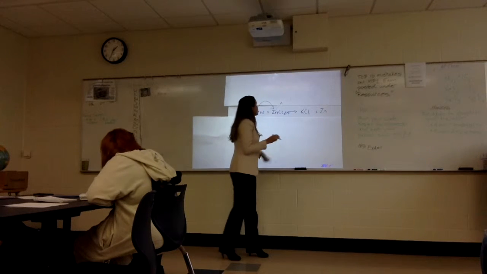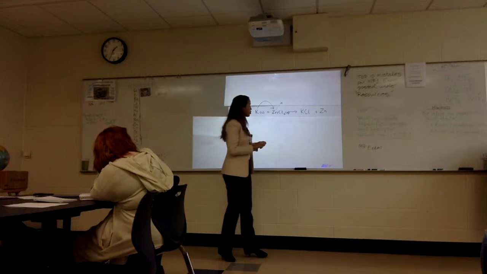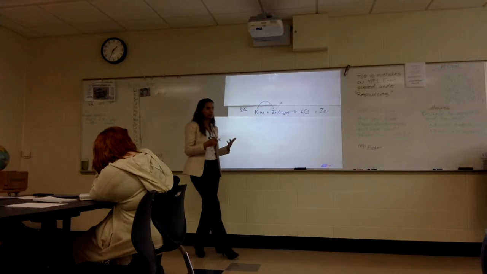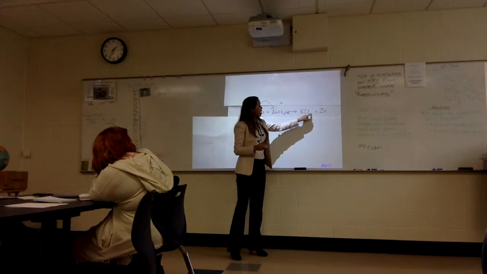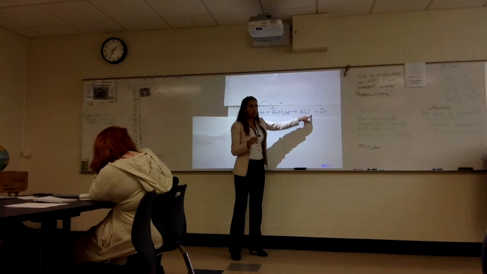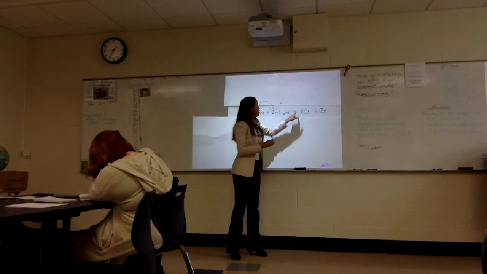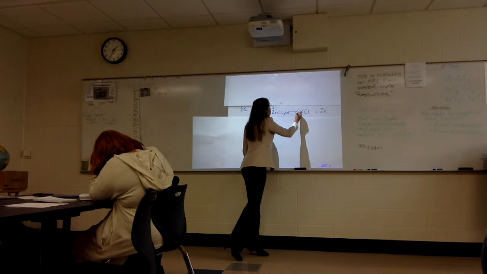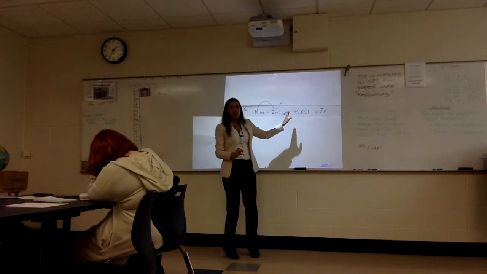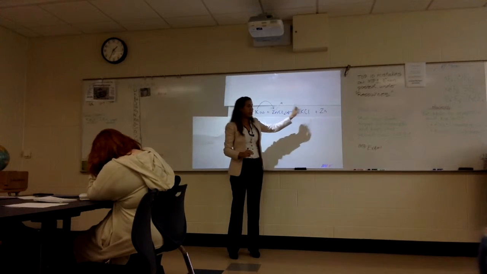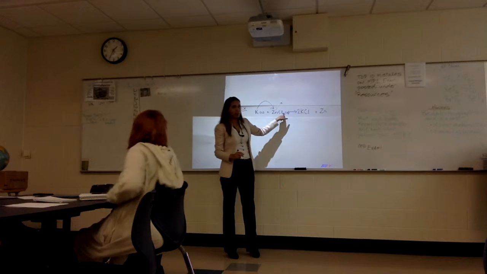Just 1. So now we need to balance that. Where do we put our 2? We don't put it here because this is for the charge. So we have to put it here to balance the whole thing. So now we have 2 chlorides here and 2 chlorides there.